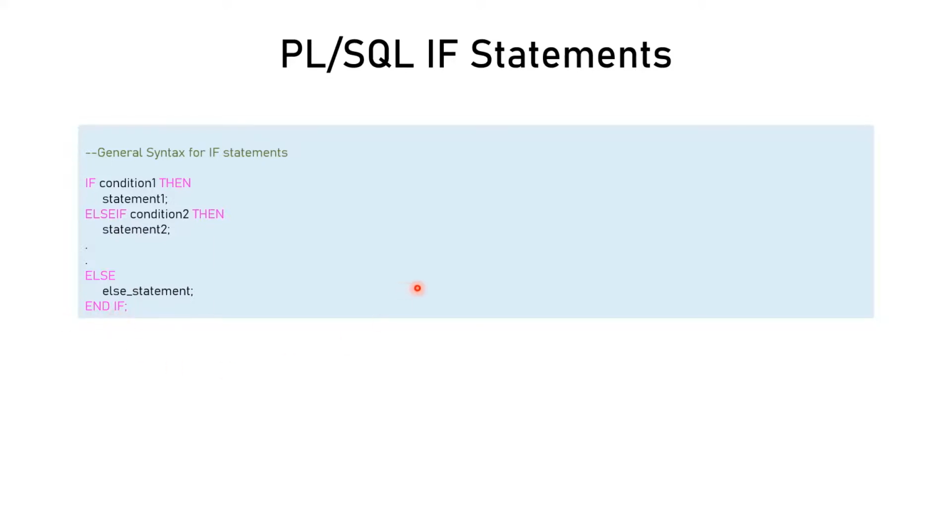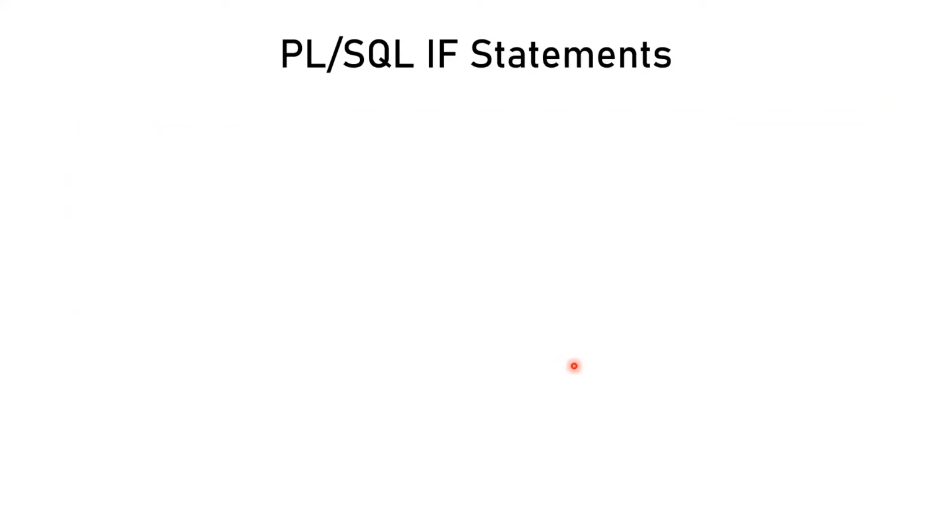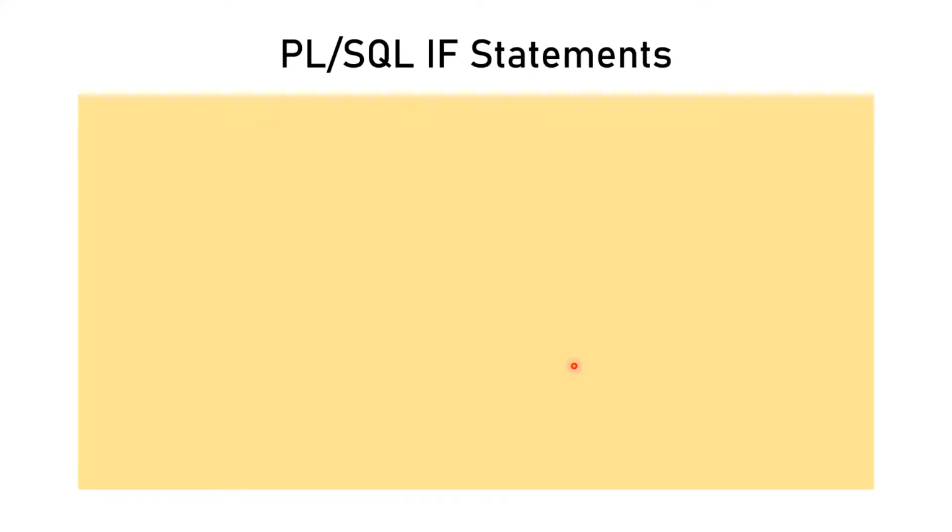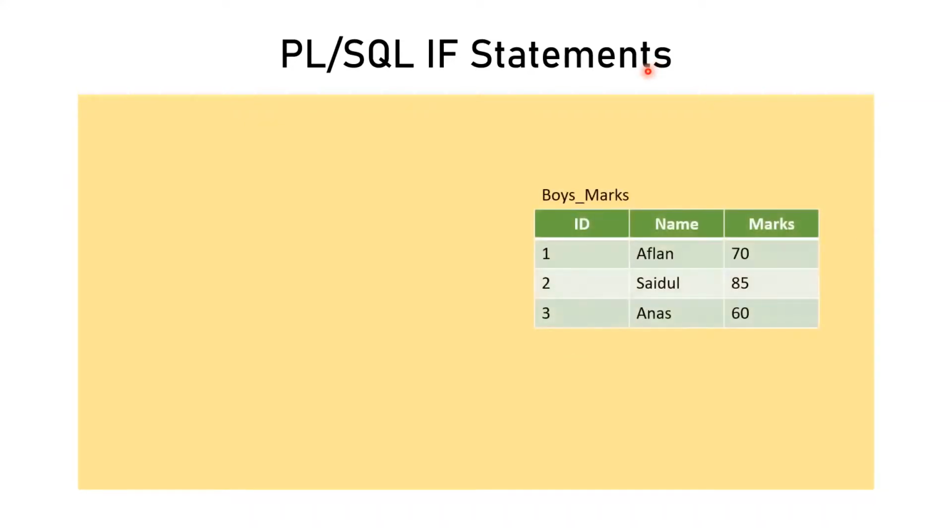All right. Now that we know the syntax for writing if statements, let's actually use the syntax to implement an example. To understand the implementation of the if statements, we will take the help of another table called boys_marks. It has 3 columns, ID, name, and marks, and as you can see, we have some dummy data as well. Our objective is to categorize students according to their marks.